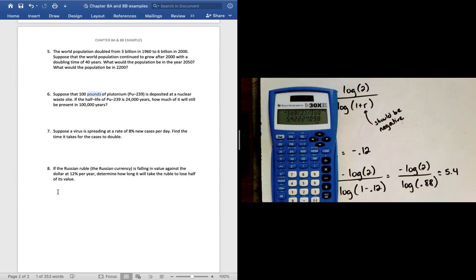And what unit is this in? We are determining how long it will take for it to lose half of its value. Remember, it's declining at 12% per year. And so this is 5.4 years. It's going to take about 5.5 years if you're losing 12% for you to be down to half of what your initial value was.